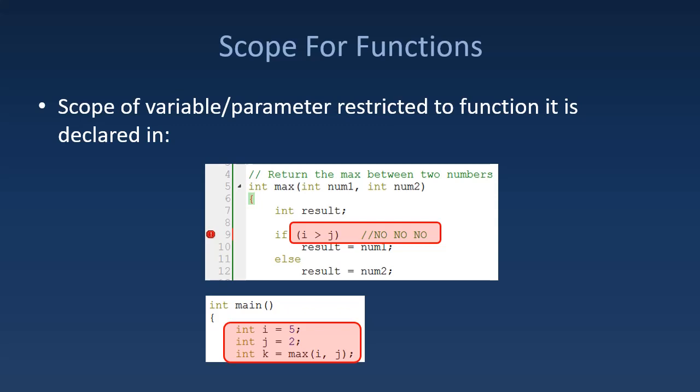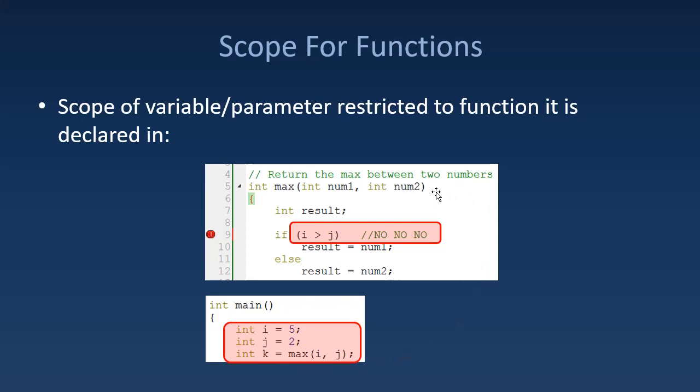The scope of a function, the variables that are available, is limited to those parameters and whatever local variables we declare. Unlike when you're in, say, main function and you go into a nested scope for an if or else block and you retain the existing variables, when we call a function, I'm in main and i, j, and k exist, and then I call function max.